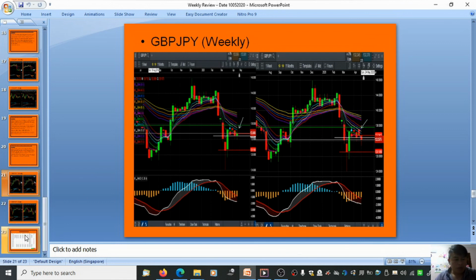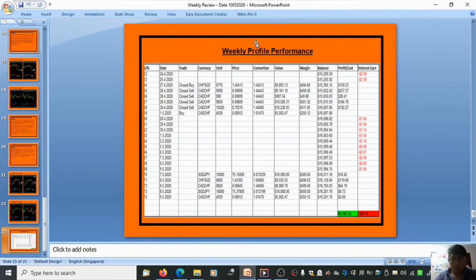Alright, so lastly, have a look at my weekly profile. This week I withdrew progressively from some unfavorable counters, because I know the trend is not what I expected. I made some withdrawals, for example CAD CHF and also SGD JPY.